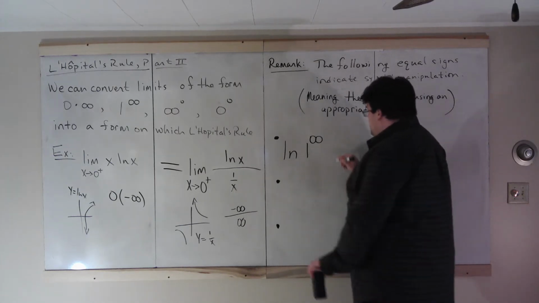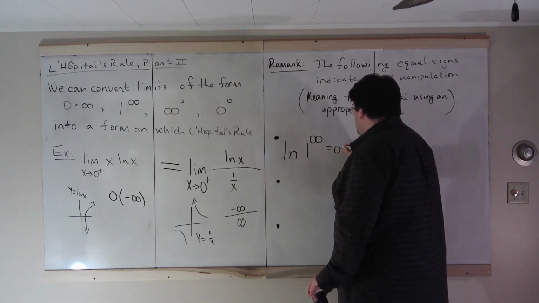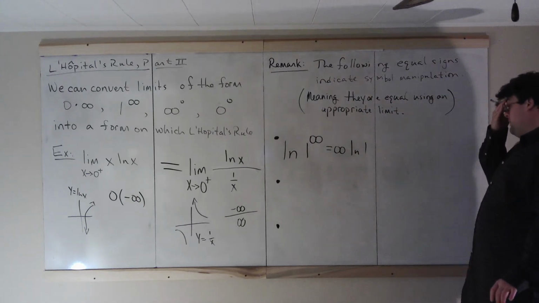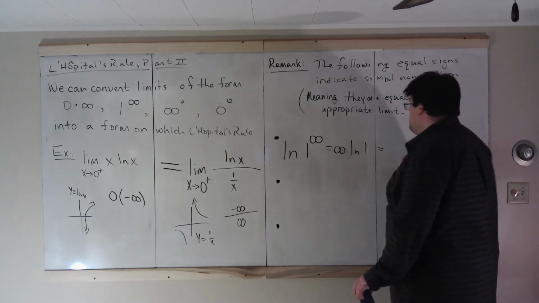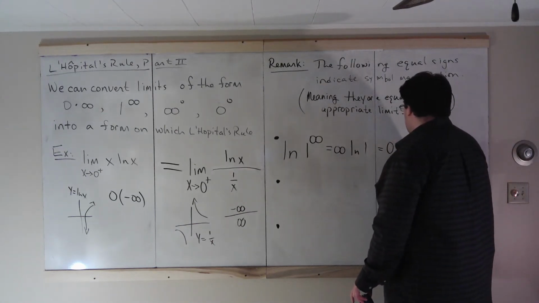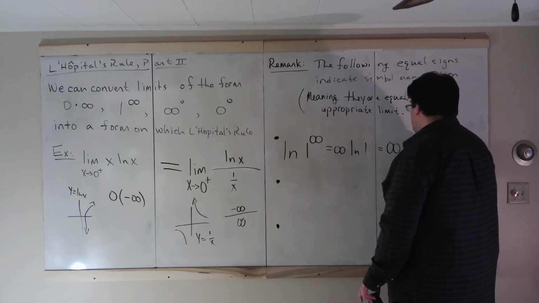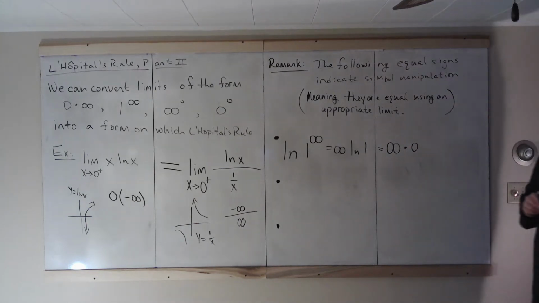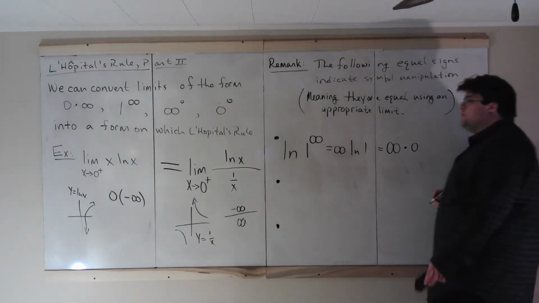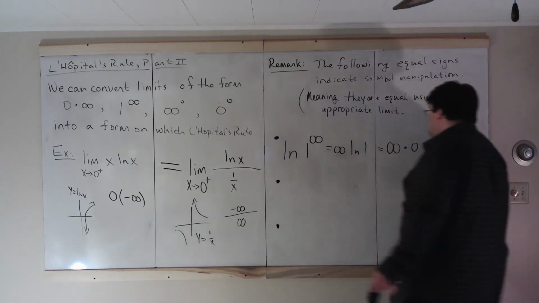symbol manipulation, the infinity comes out front, so you have infinity log 1. Well, that's great. What's log 1? Well, that graph over there goes through the point 1, 0. So that's an infinity times 0 form. And then L'Hopital's rule applies to that as in the first example.